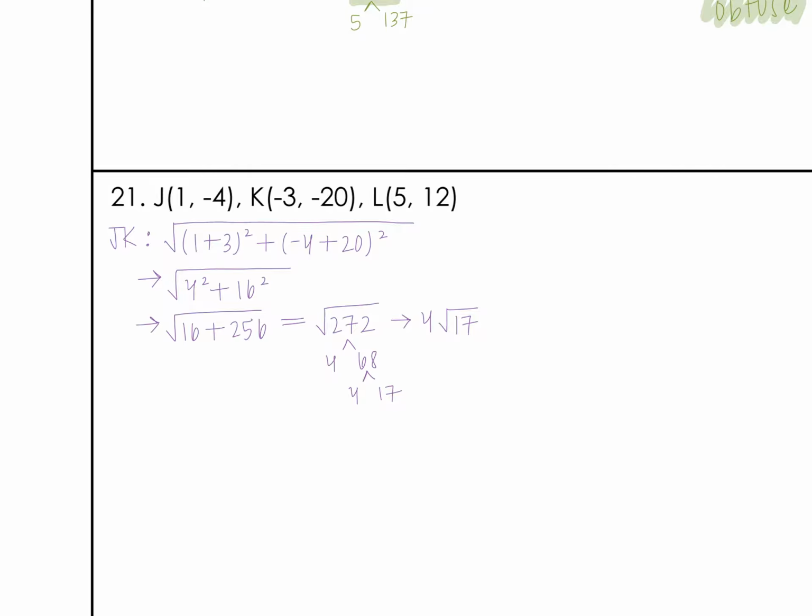Then moving into, let's find KL, the length of KL. So we'll have the square root of -3 minus 5 squared plus -20 minus 12 squared.